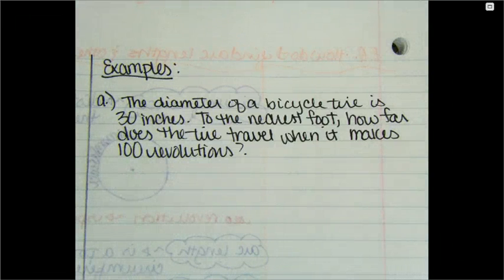So the diameter of a bicycle tire is 30 inches. To the nearest foot, how far does the tire travel when it makes 100 revolutions? So you should probably draw yourself what? A circle.